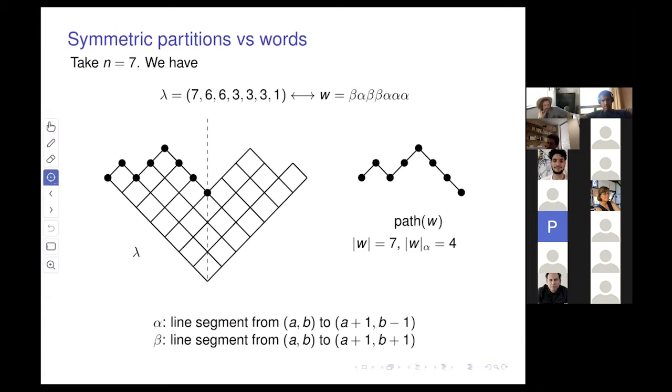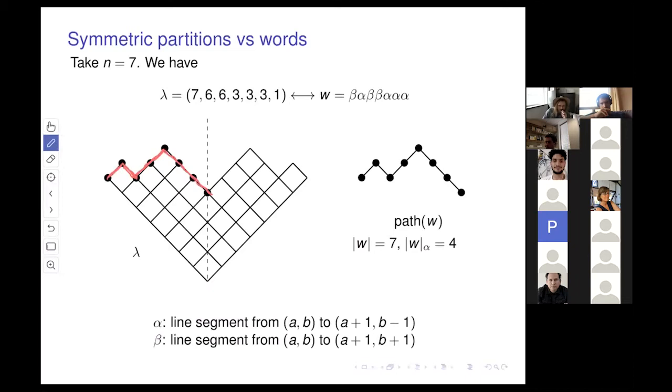These numbers are simply the number of boxes in each row, or a column of the partition. So I have this axis of symmetry, and if I know what happens to the left, then I can determine the whole partition. So this symmetric partition is simply determined by a path.